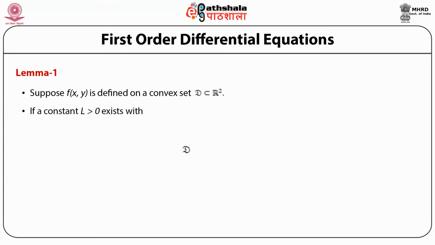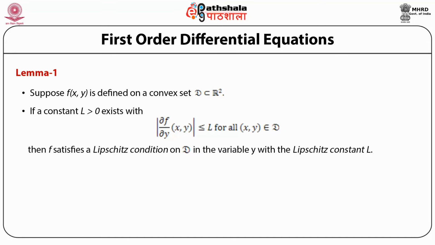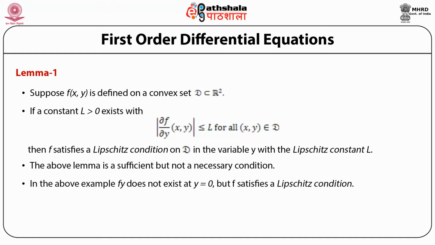If a constant L greater than 0 exists with |∂f/∂y (x, y)| ≤ L for all (x, y) belonging to D, then f satisfies a Lipschitz condition on D in the variable y with Lipschitz constant L. The above lemma is a sufficient but not a necessary condition. In the above example, ∂f/∂y does not exist at y = 0, but f satisfies a Lipschitz condition.